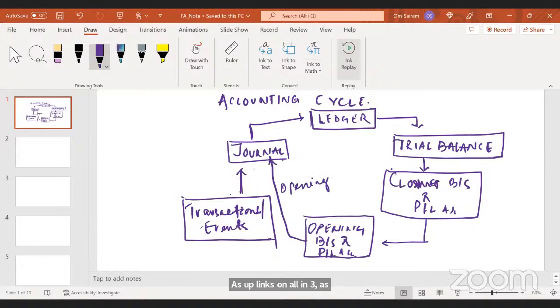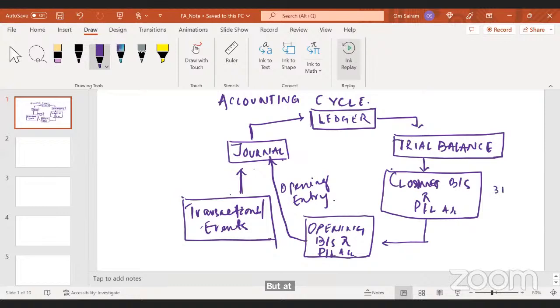Try to remember opening entry. At the end of the period, we have to prepare the closing balance sheet as well as closing PL account, so we have to pass the closing entry. After passing the closing entry, this closing balance sheet and PL account will be the opening balance sheet and PL account for the next period.